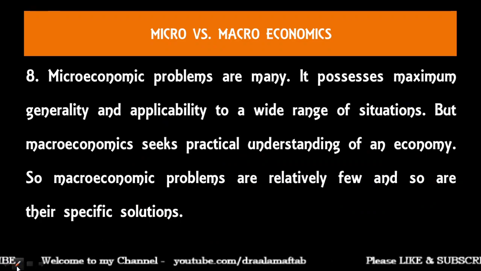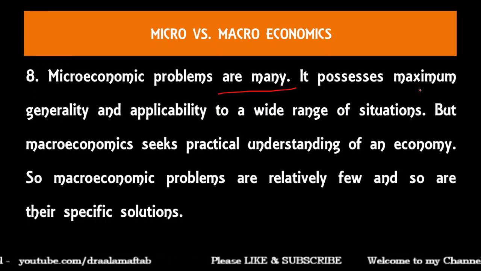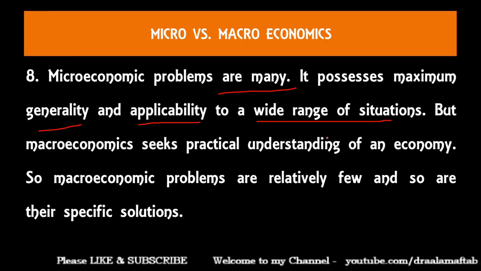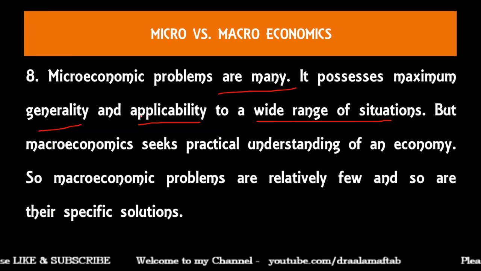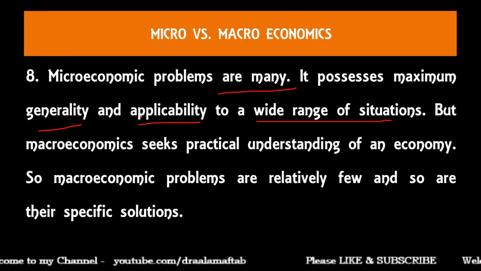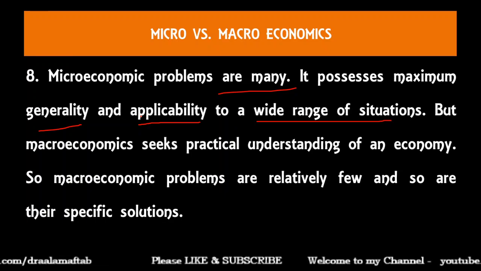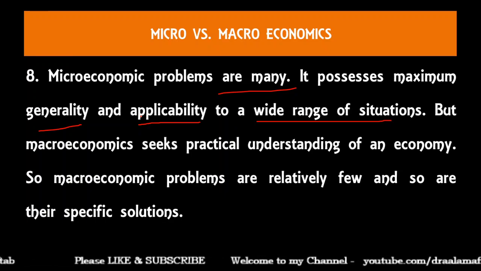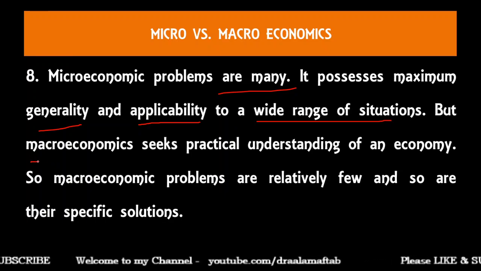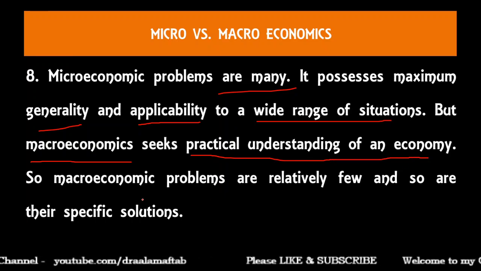Eighth one, microeconomic problems are many. It possesses maximum generality and applicability to a wide range of situations. It means in microeconomics the problems are so many because you study millions of individual entities, and millions of individual entities have several individual problems. But macroeconomics seeks practical understanding of an economy as a whole.